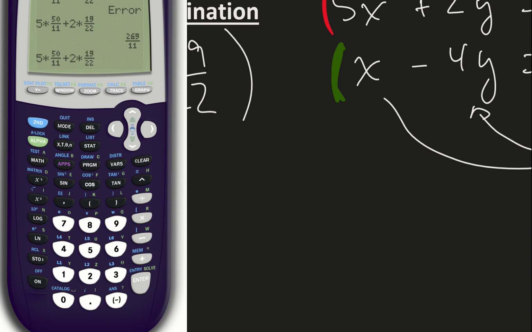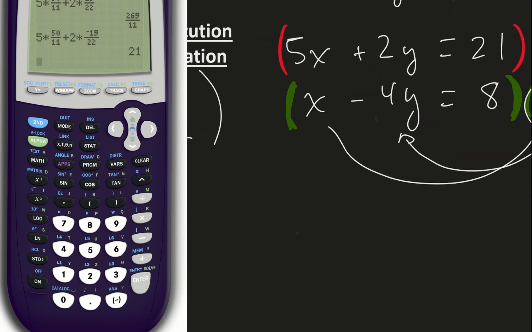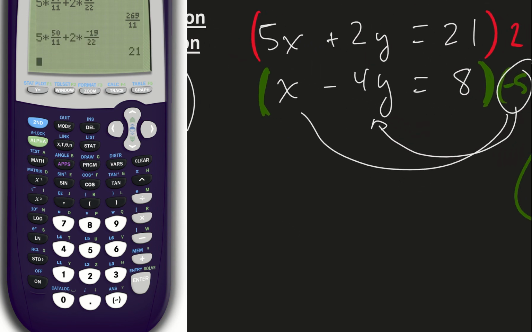So let's see. I need to put a negative up there. So I'll just do negative and then 1 and then 9. So I've got 5 times 50 over 11 plus 2 times negative 19 over 22, and it says, oh my goodness, I thought this was impossible. I thought this could never happen, but at least I got one of the two equations to work.